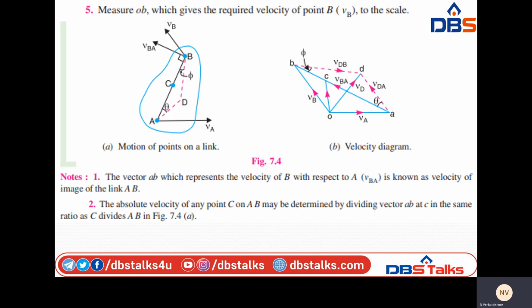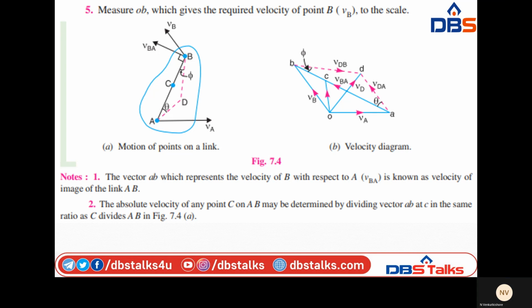And the absolute velocity of any point C on the AB can be determined by dividing the vector ab at C in the same ratio as C divides AB in figure A.